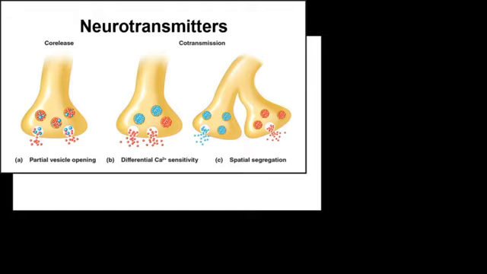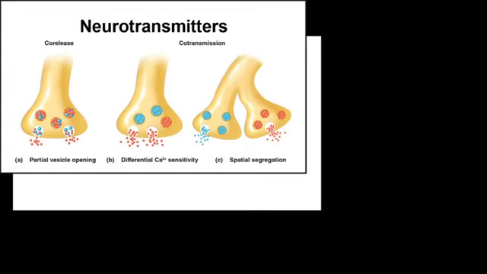So we can see here we have the small red neurotransmitters and a larger blue neurotransmitter. Because our neurotransmitters are just proteins, so they can be different sizes and shapes and have different qualities. So in this case, we can have a controlled release of either the smaller neurotransmitter or both the small and the large neurotransmitter, controlled by how those vesicles connect to and join with the cell membrane.